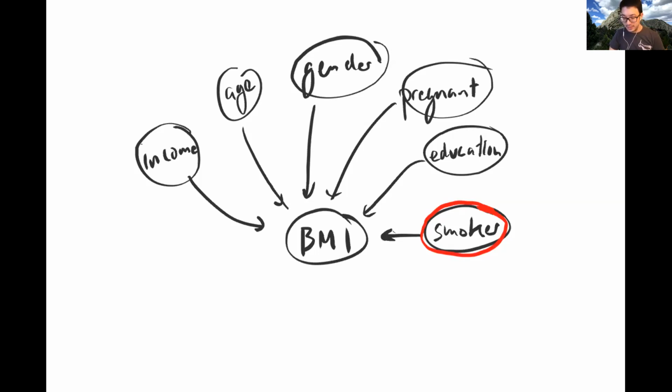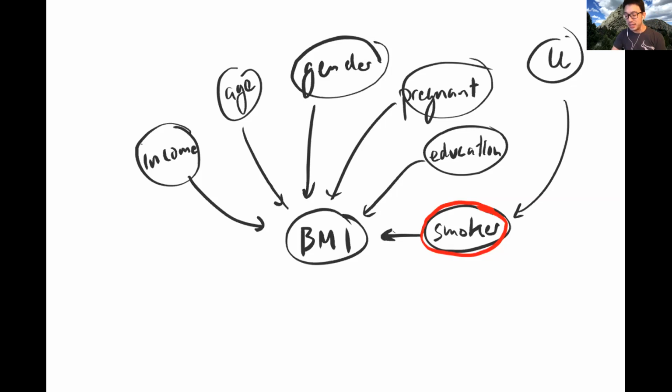Why? Because again, we've got some confounding relationships here, and this could actually be similar to the health consciousness type thing, right?